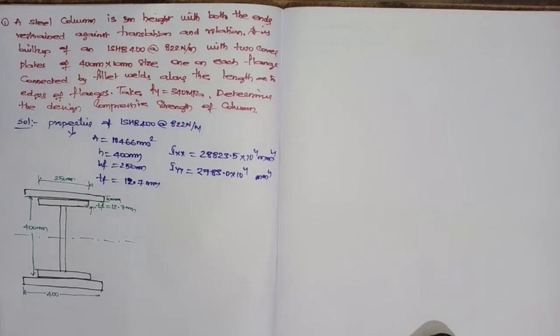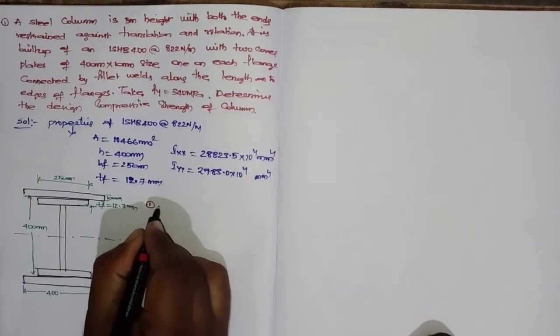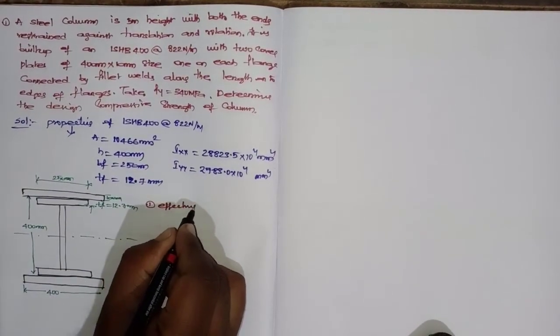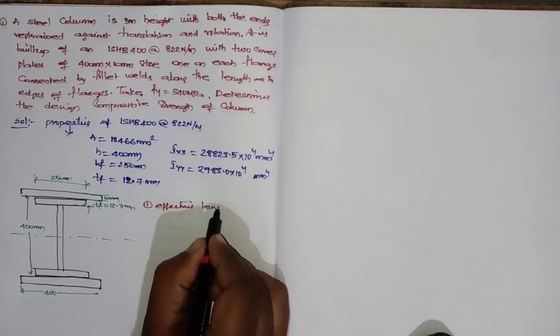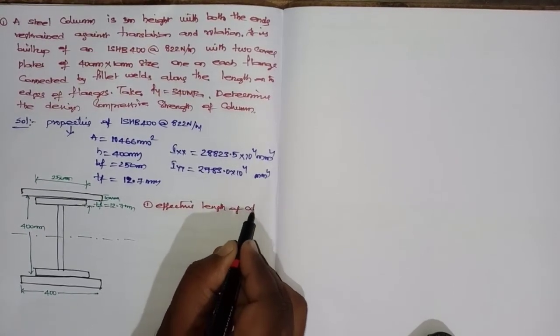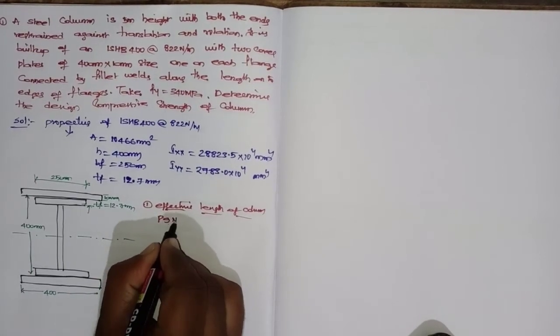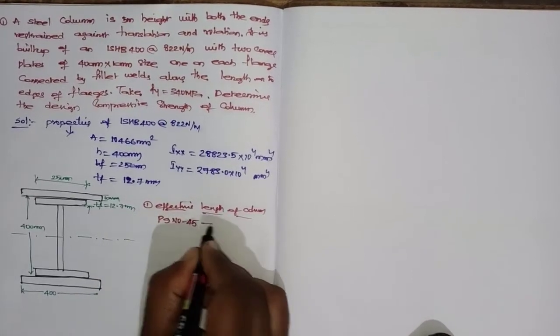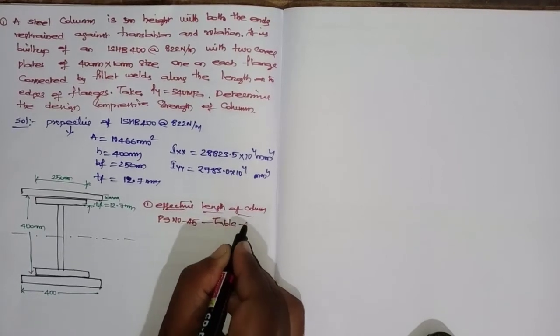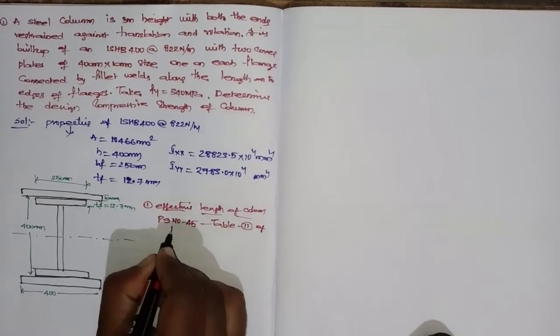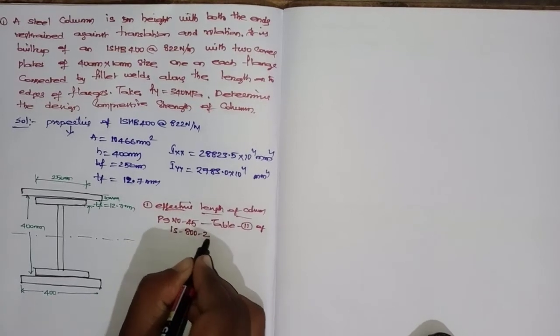This is the question given. So for that, what is the first step? As per our regular procedure, the effective length of column. You can get this from page number 45, table number 11 of IS 800 2007.